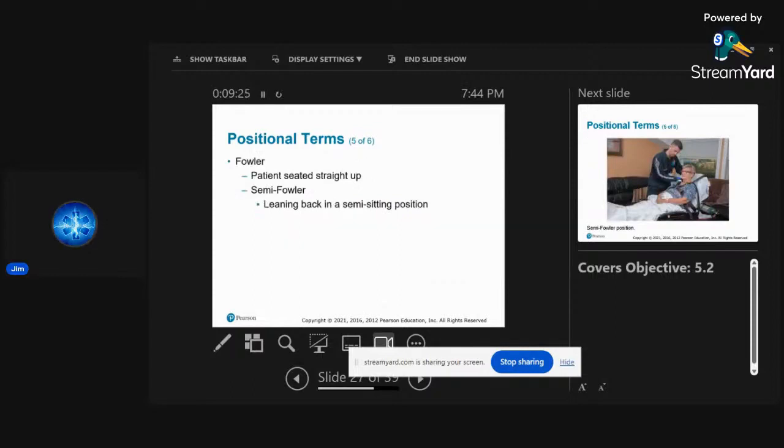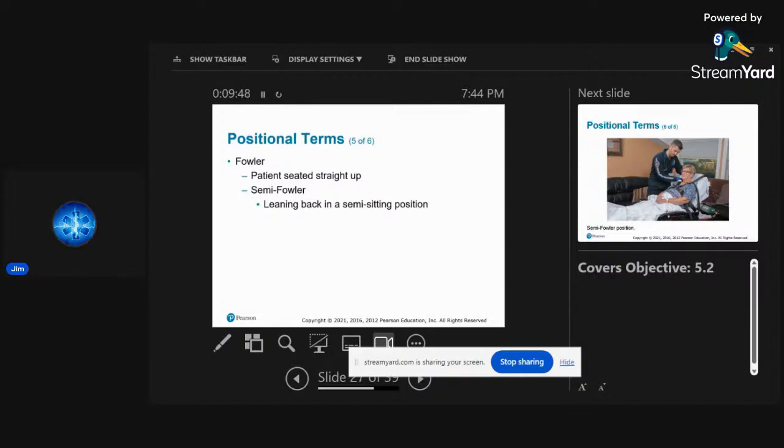Fowler's position is a patient seated straight up. This will be important with people that are having trouble breathing. They'll want to sit straight up, so they'll sit in a Fowler's position. The semi-Fowler is leaning back in a semi-sitting position, or at a 45-degree angle. And this is the position that we transport most non-trauma patients.